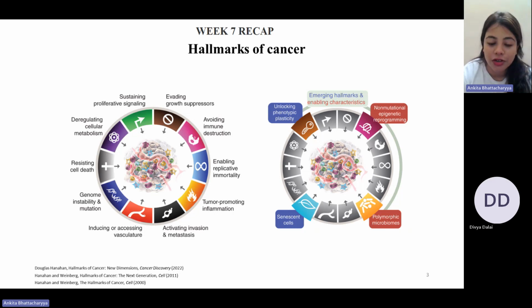Then there was the next generation of hallmarks where new hallmarks were included. Then the latest publication was in the year of 2022. Again, we can expect another 10 years from now, we'll have more updates on it. And this evolves with more and more knowledge, with more and more treatment, with more advancement in technology, and we'll be able to find out more details about the same.